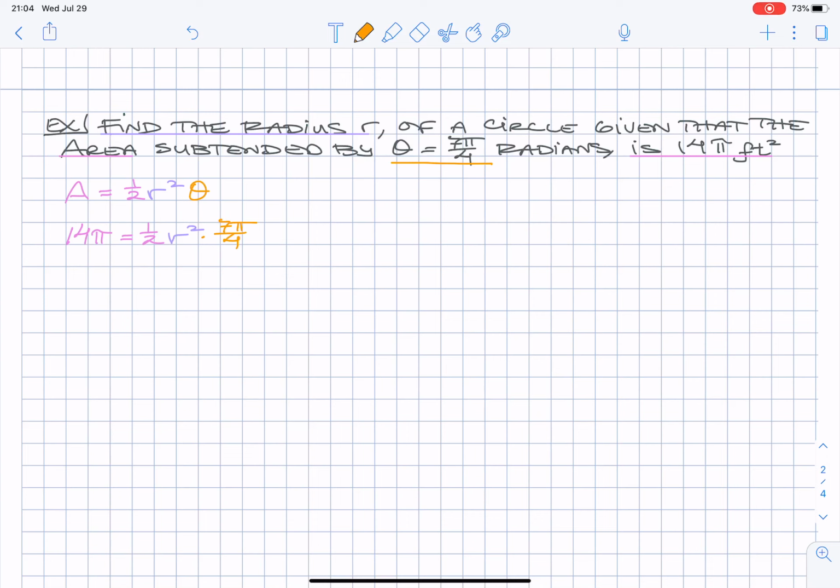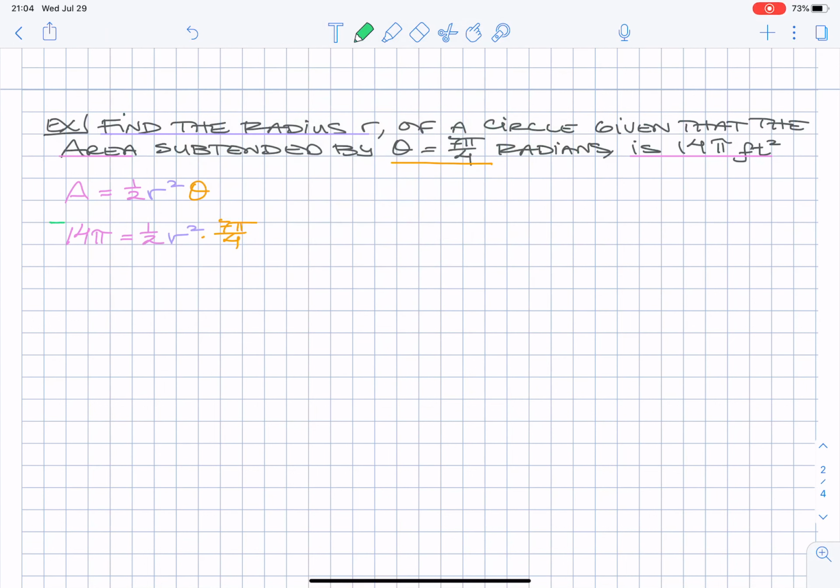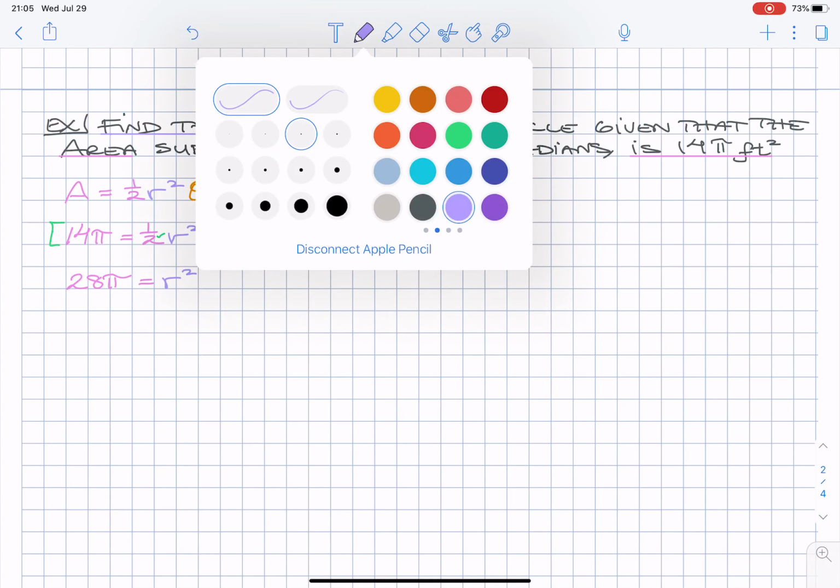Okay, so now I just need to solve for r. The first thing I'm going to do is to cross multiply. Let's first multiply by 2 so that I can reduce the 2 on the right hand side. So on the left, 2 times 14 is 28 pi will be equal to r squared times 7 pi over 4.